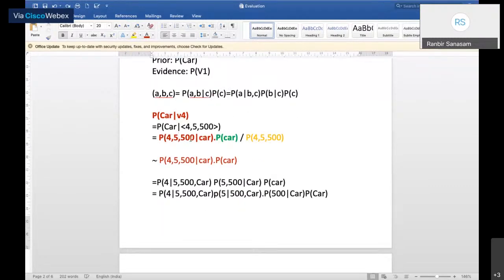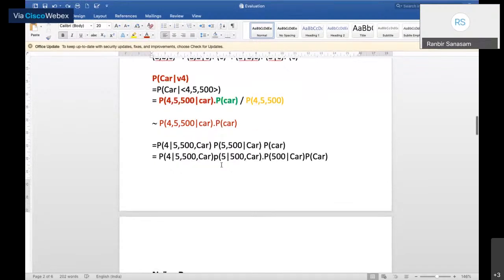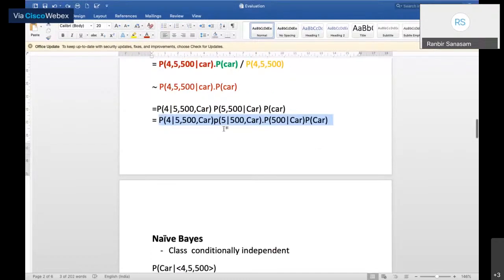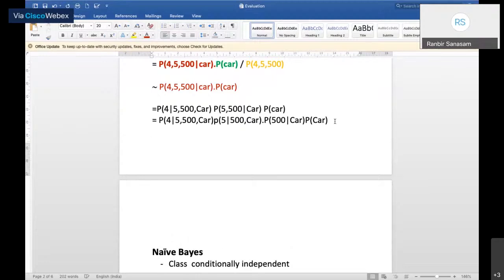When I have three features here, given the class levels, I have applied the chain rule one after another. So when I expand, I get something like this. If I try to visualize in terms of features, this is nothing but just the chain rule.